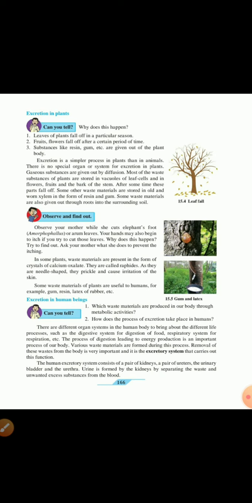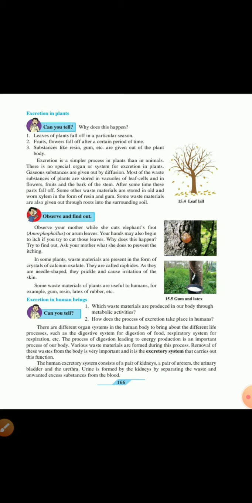Removal of these wastes from the human body is very important, and it is the excretory system that carries out this function. The human excretory system consists of a pair of kidneys, a pair of ureters, the urinary bladder, and the urethra. You can underline it. Urine is formed by the kidneys by separating the waste and the unwanted excess substances from the blood.